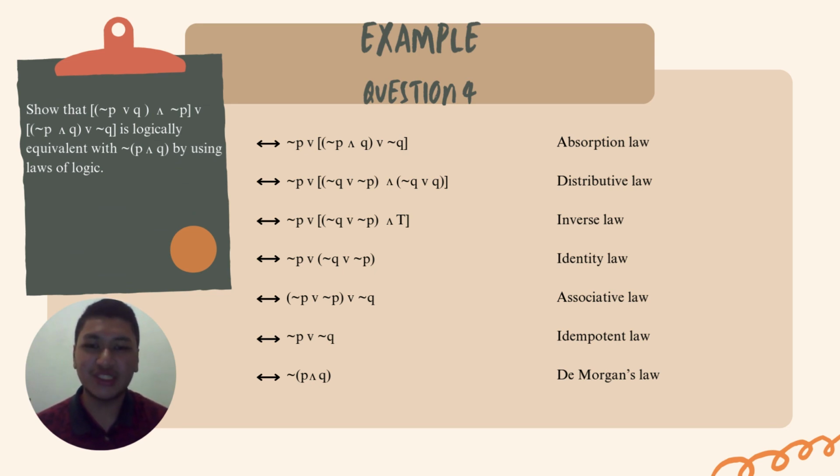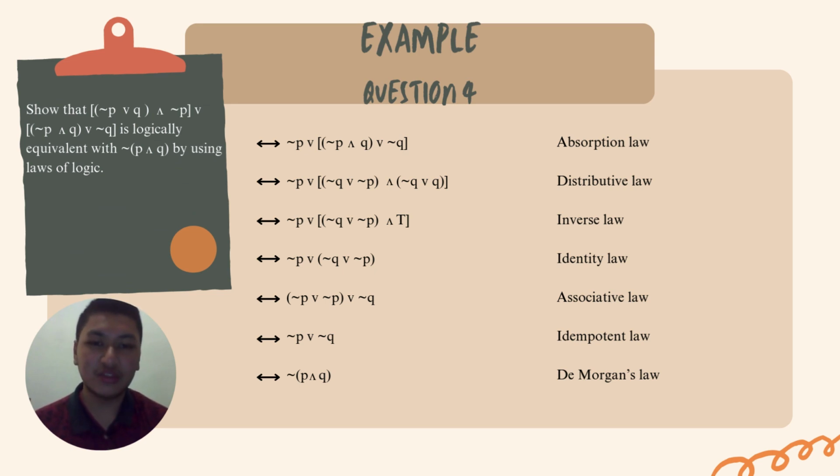So we change ¬Q ∨ ¬P, changing the place between the two of them, so it will become ¬P ∨ ¬Q in a bracket firstly. And then after that, we can use the associative law, which changes the bracket place. So it will become (¬P ∨ ¬P) ∨ ¬Q.